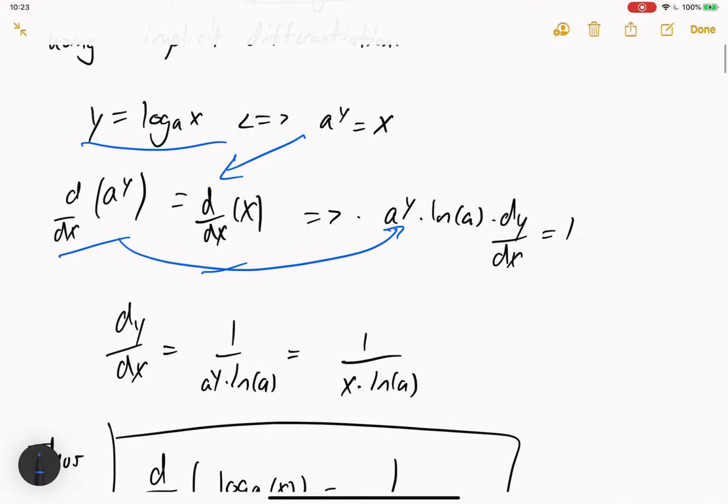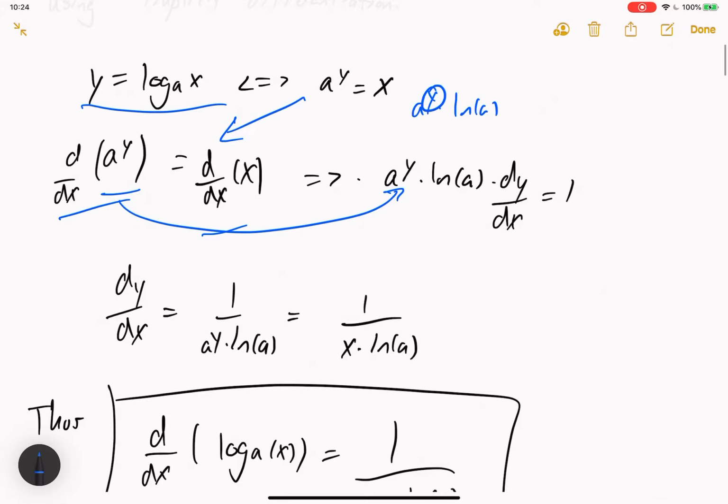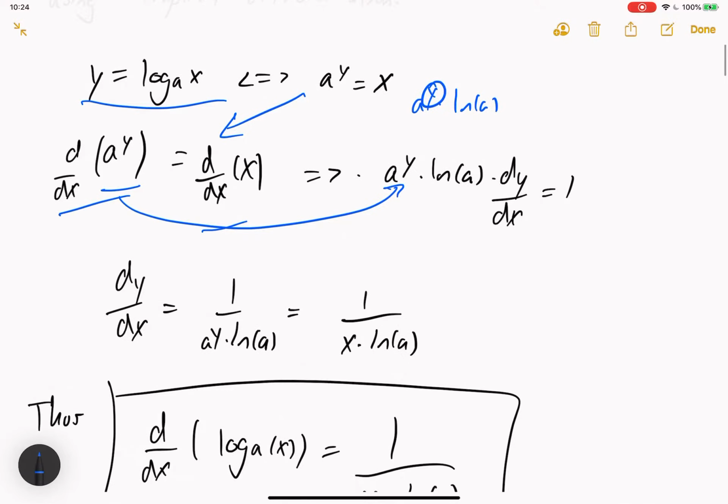Remember, using implicit differentiation, you have to do the derivative of the inside function. The derivative of a to the y will be a to the y ln of a, and then you multiply by the derivative of the inside. The derivative of y is just dy/dx, and that's equal to 1, because d/dx of x is just 1.